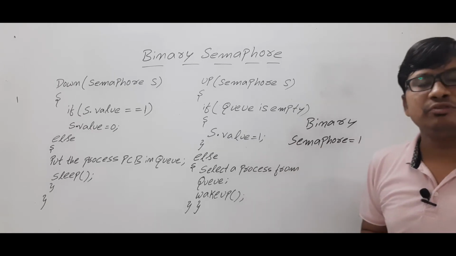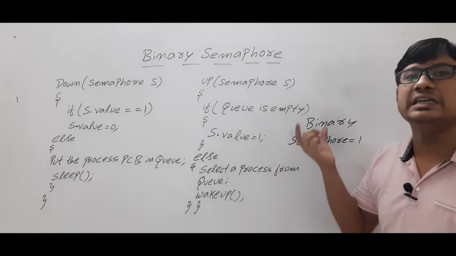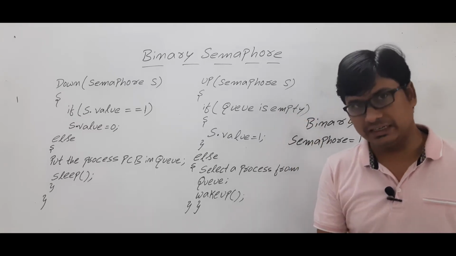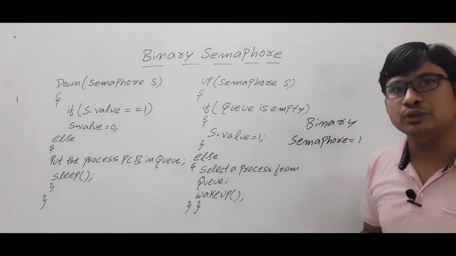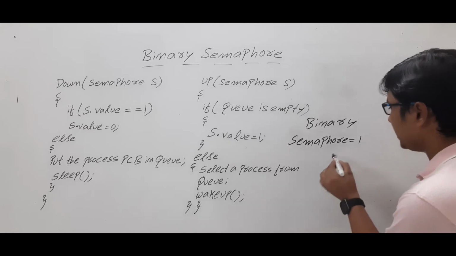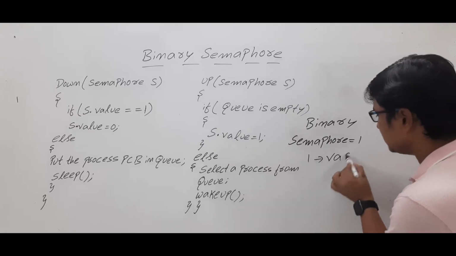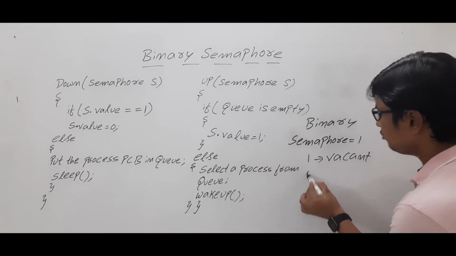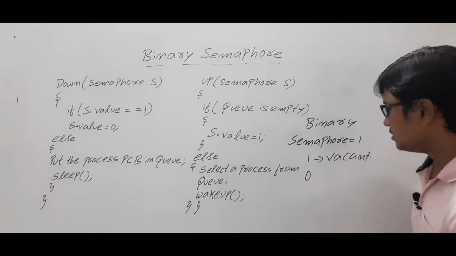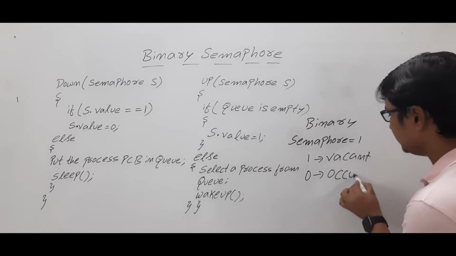Is it clear? If the binary semaphore value is equal to 1, it means the critical section is vacant. If the binary semaphore value is equal to 0, then the critical section is occupied. So if it is 1, the critical section is vacant, and if it is 0, it is occupied.